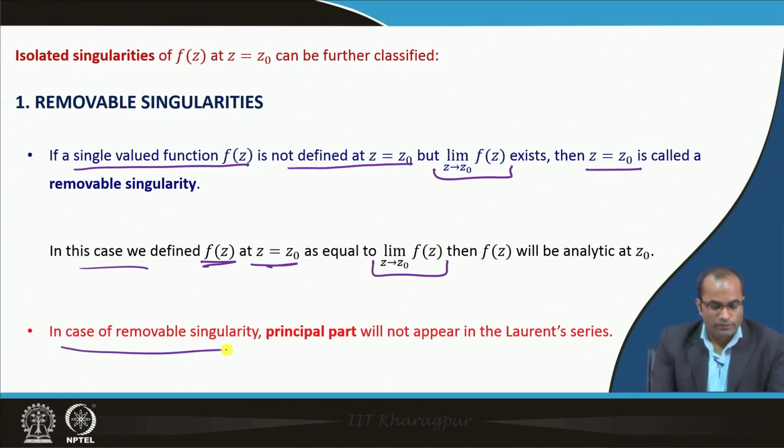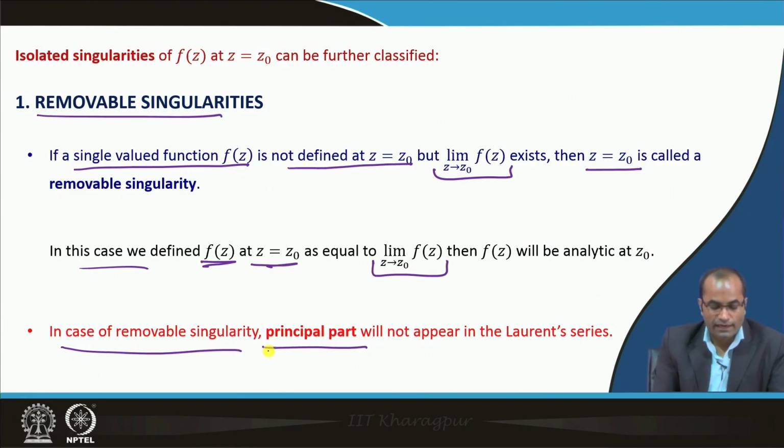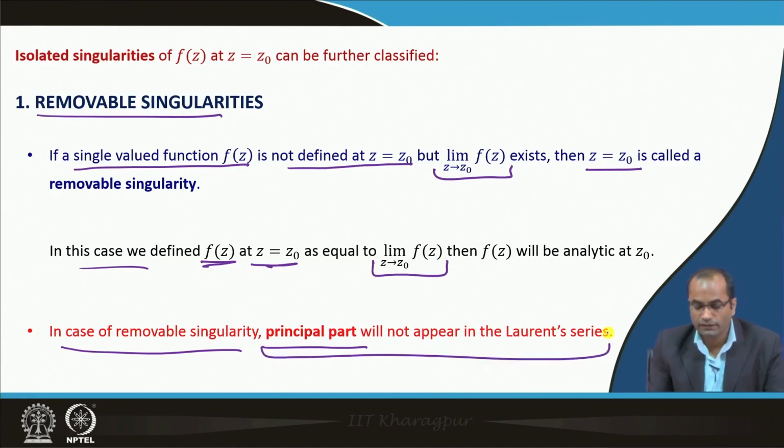In the case of removable singularity, there is a relation with the Laurent series, because the Laurent series plays a very important role in the classification of singularities. For a removable singularity, if we expand the given function about z equal to z naught using the Laurent series, that means positive and negative powers of z minus z naught, then the principal part will not appear.